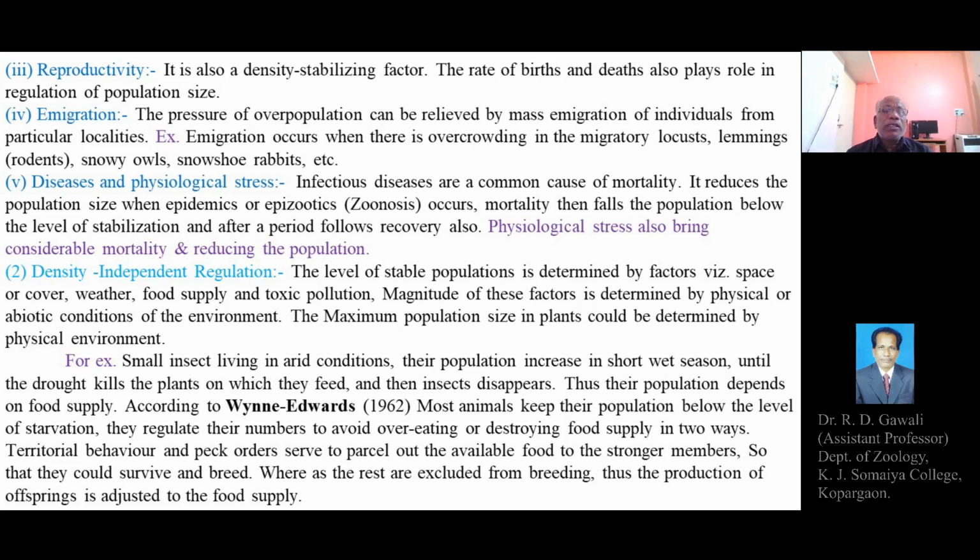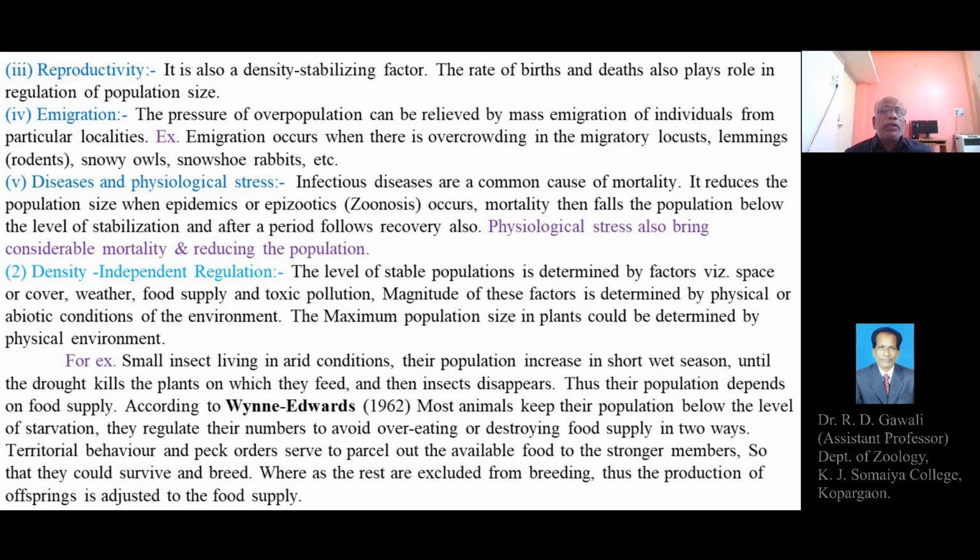Thus the small insect population depends upon the food supply, that is the plants, which are available only in the rainy or wet season. During the summer months or drought conditions the plants get killed or destroyed, causing the loss of food, and ultimately the population size of the insects decreases.